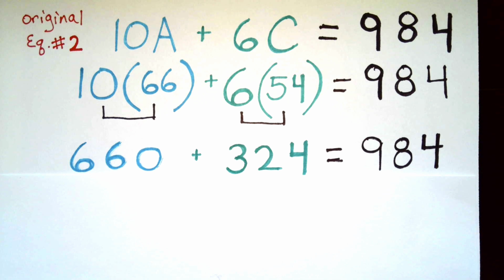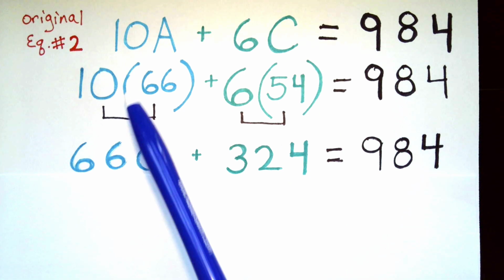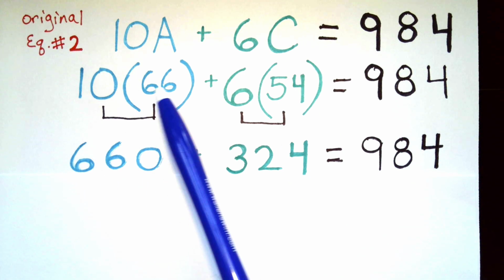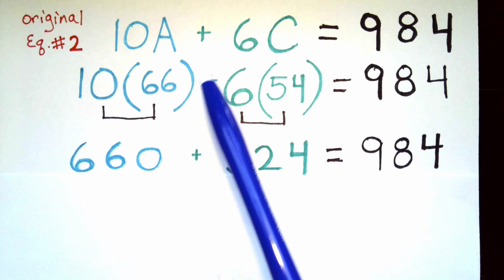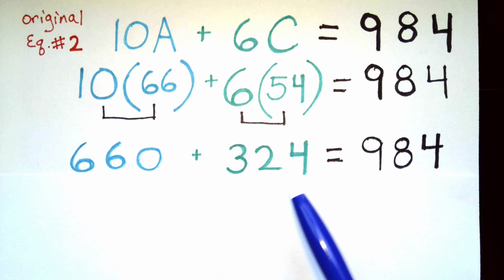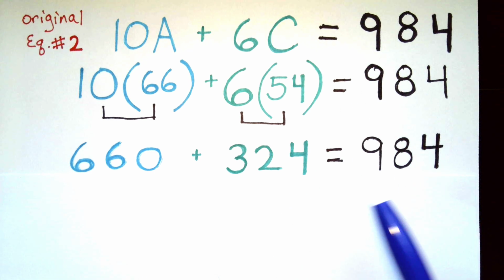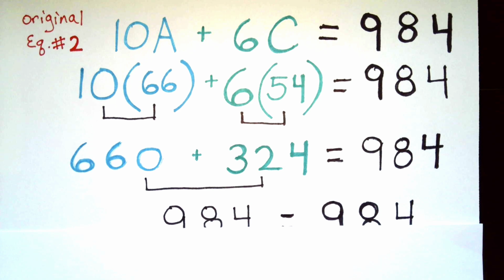All right, and checking our answer with original equation number 2, we're going to substitute 66 for A and 54 for C. 10 times A, or 10 times 66, is 660, plus 6 times 54 is 324. I bring down my equal sign. I bring down the 984. What is 660 plus 324? 984 equals 984.